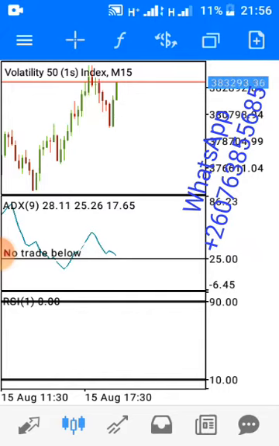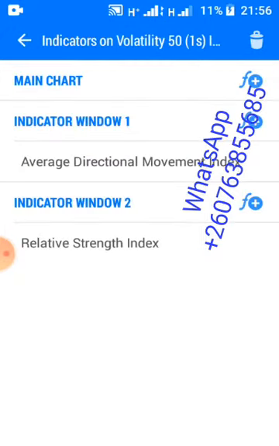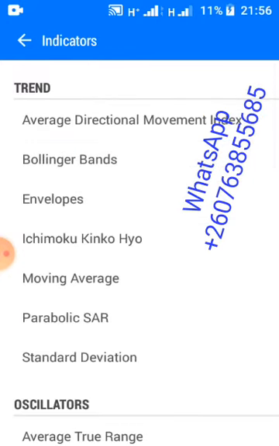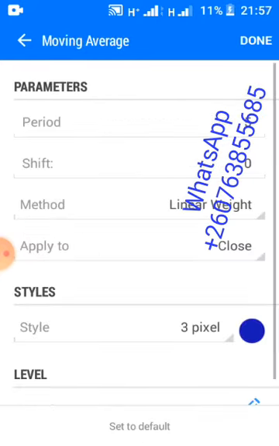On the RSI, which is indicator window 2, you're just gonna add a moving average 5. Preferably I'll put it blue, and it must be exponential.